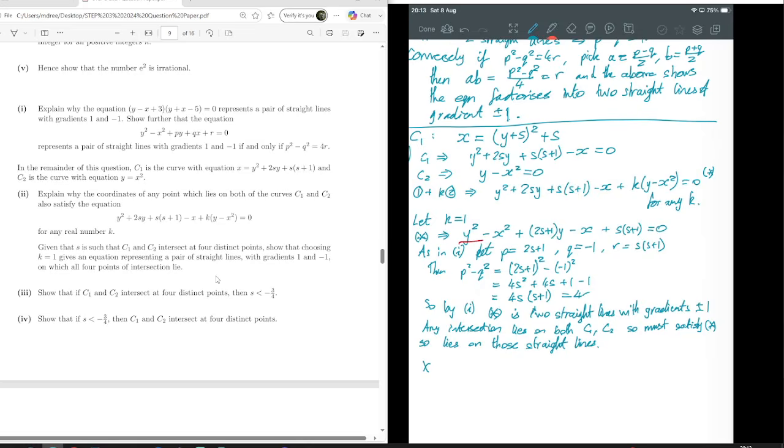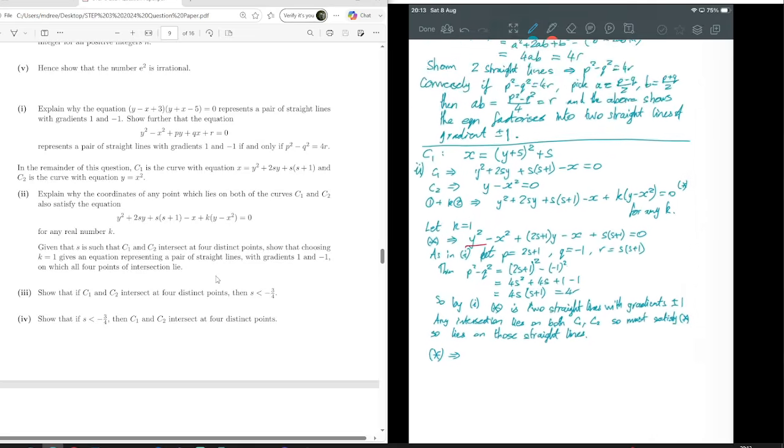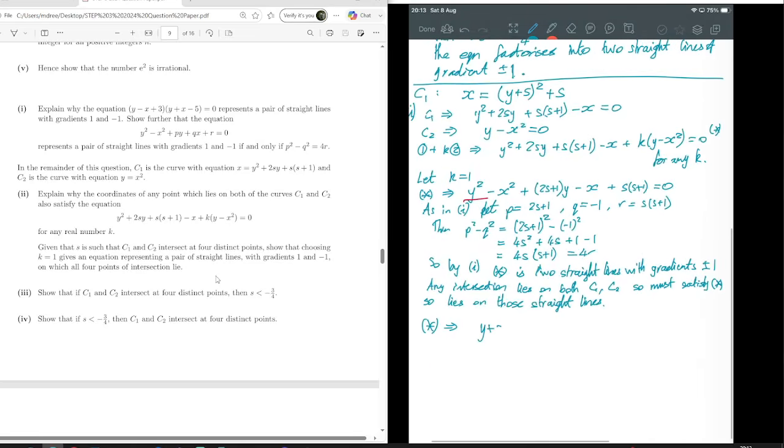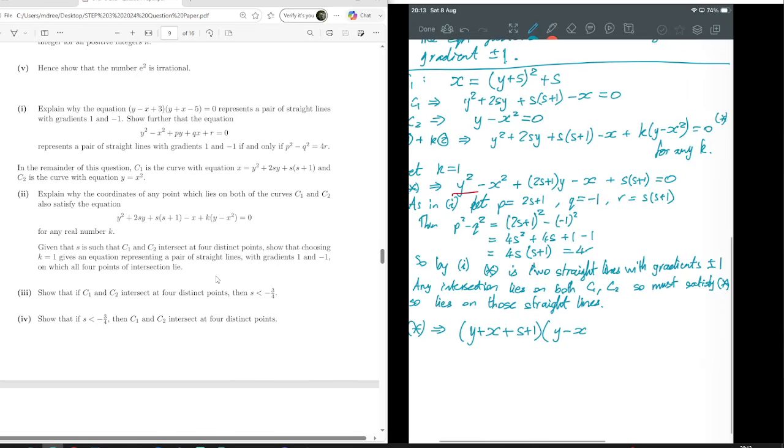So now star we can write as, well, the a, I said we should do the p minus the q and halve it, so that'll be s plus 1. And the a in my setup was with the positive, so y plus x plus s plus 1. And then the q is when I add these two together, then that's just plus s equals 0.